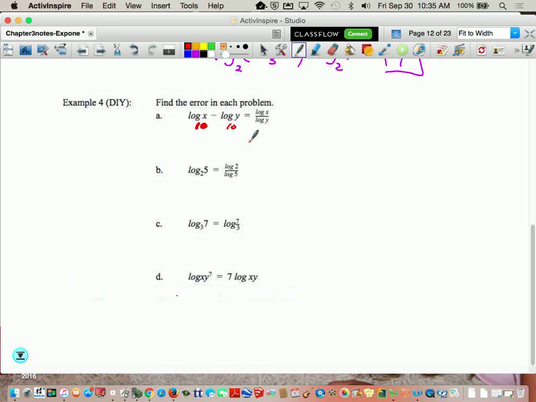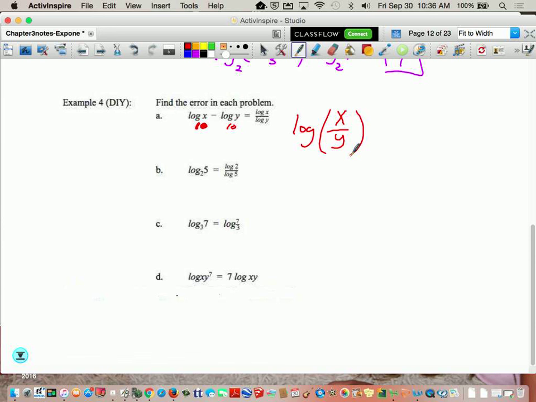And they said log x minus log y is equal to log x over log y. And they're close. You definitely are going to end up with x over y, but you don't put a logarithm on top and bottom. So if you go back to where the property is written, several logarithms combined into one, so you only want one logarithm. That's the one that's correct.